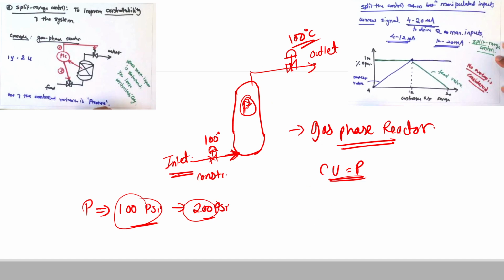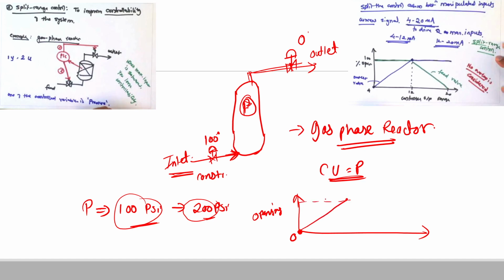So let's say the outlet valve was earlier closed. Then in order to decrease the pressure, over here I'm just plotting the valve opening. So earlier it was closed, that is 0 corresponding to closed. Then since the pressure is increasing, I will give the controller input in order to increase the valve opening to 100%.